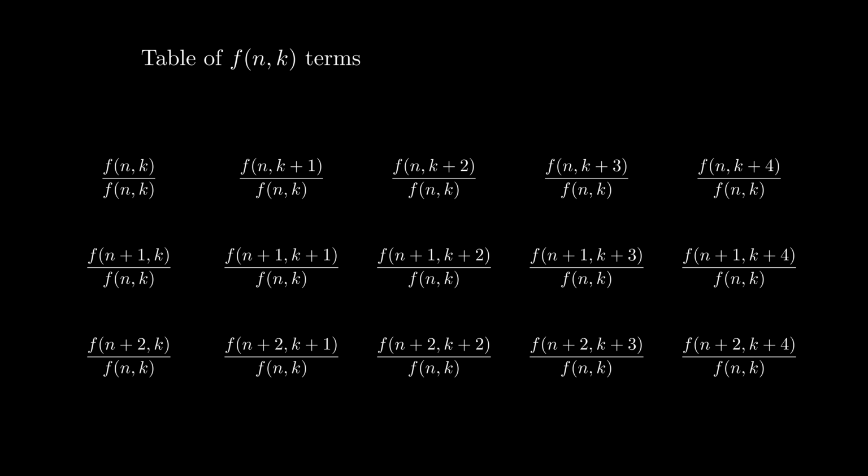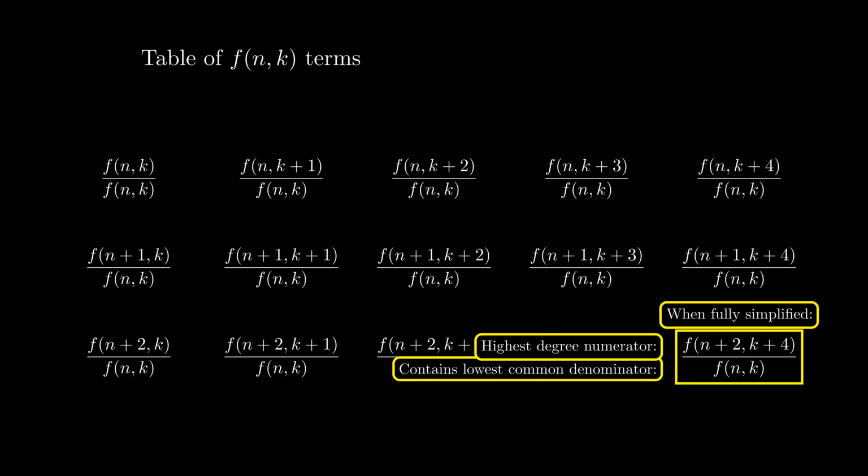Now let's answer one of the 2 questions we need. If we were to now multiply out the denominator, what would be the highest degree of k? Notice that the least common denominator is simply the denominator of the ratio in the corner of the table here, and it is also where the degree of the numerator is the largest. From Sister Celine's method, from this point, we multiplied out the denominator on both sides.